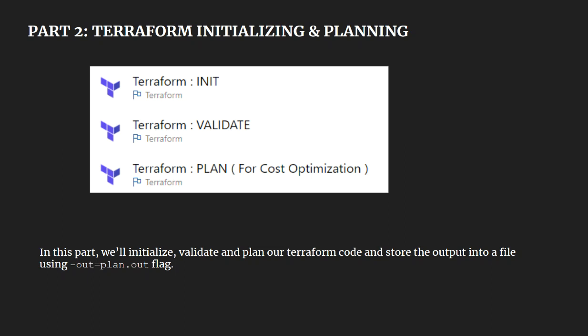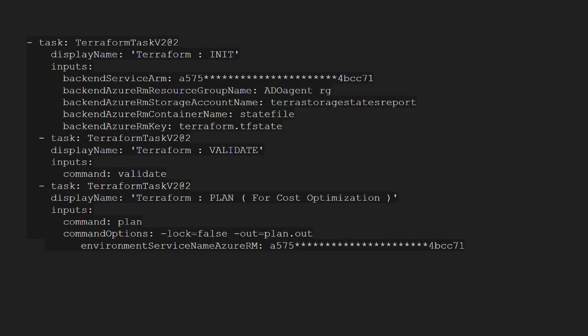In this part, if everything remains fine, we are passing the -out=plan.out flag to write the plan to a text file, which we can store for our reference for the future. This is the task in Terraform which we can write and run.